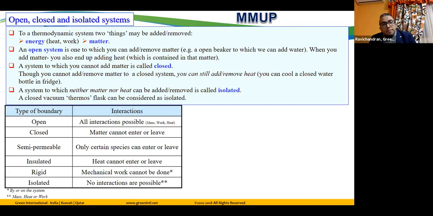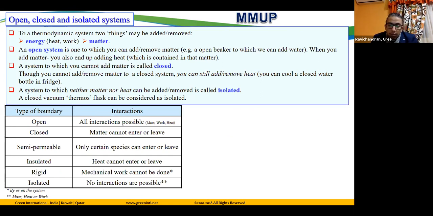Also, we're going to define the system. We classify systems into three main categories. Other categories fall under the umbrella of one of them. What are these categories? Open system, closed system, isolated system.